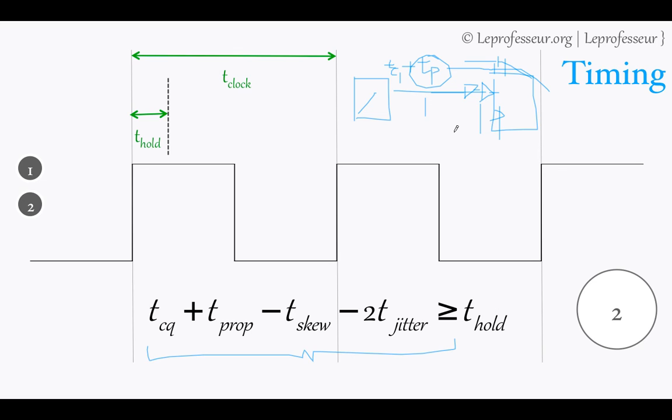But for setup violations you have to do things which are associated with the clock path. So in short, setup is associated with the clock and hold is associated with the data. Clock path, setup; data path, hold, in short form.